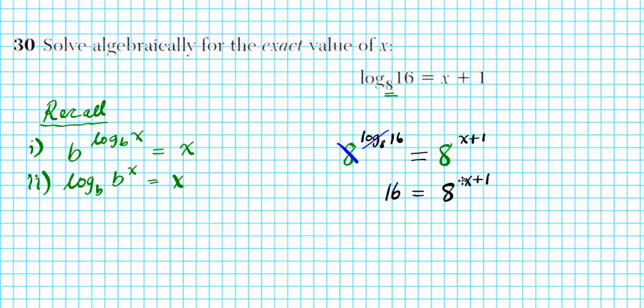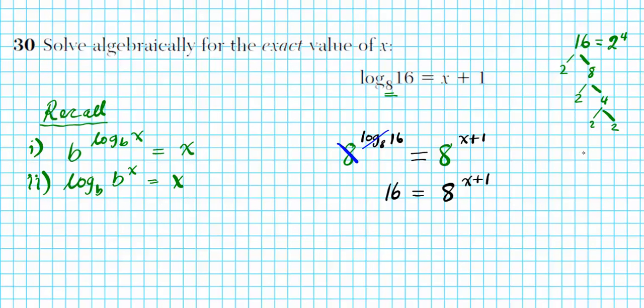Now, when you're solving exponential equations, which is the case here, if you can get the bases to match, then you can basically eliminate the bases and equate the powers. Okay, so can I write 16 as a power? Absolutely. 16, if you break it down, 2, 8, 2, 4, 2, 2. 16 is 2 to the 4th power.